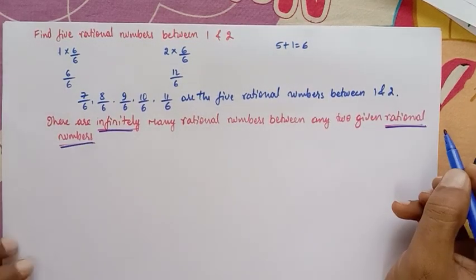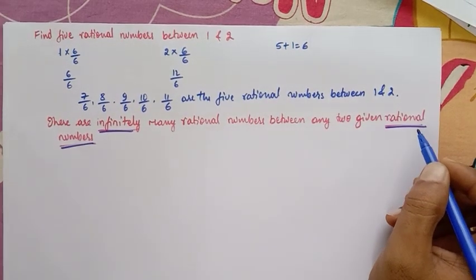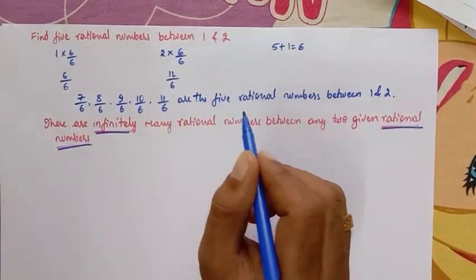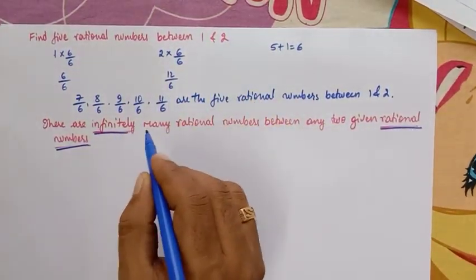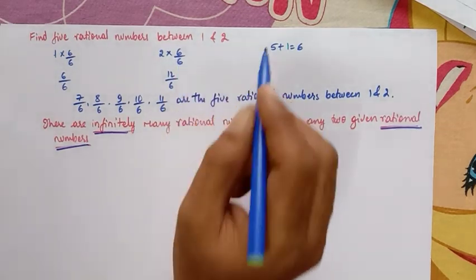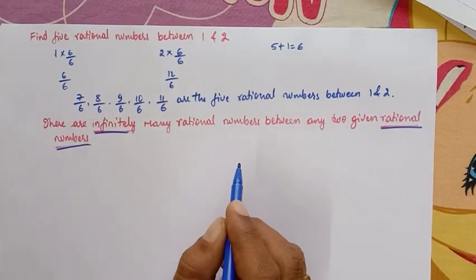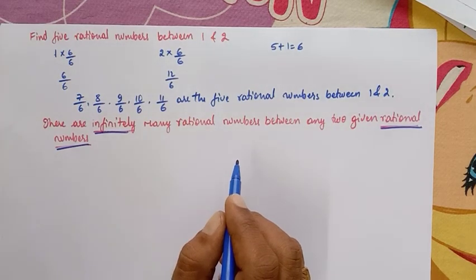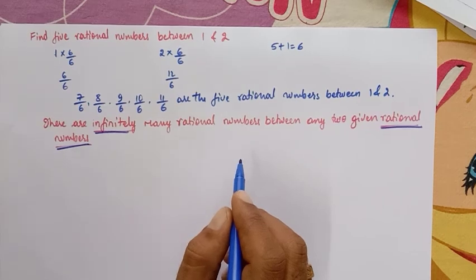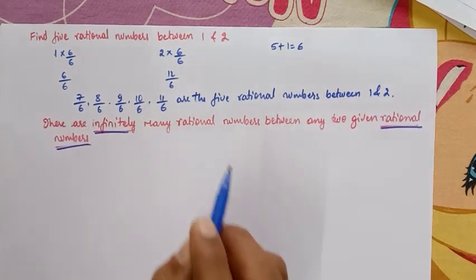That has to be noted. Here for example between 1 and 2 there are infinitely many rational numbers. Not necessarily 1 and 2; between 101 and 102 too, there are infinitely many rational numbers.